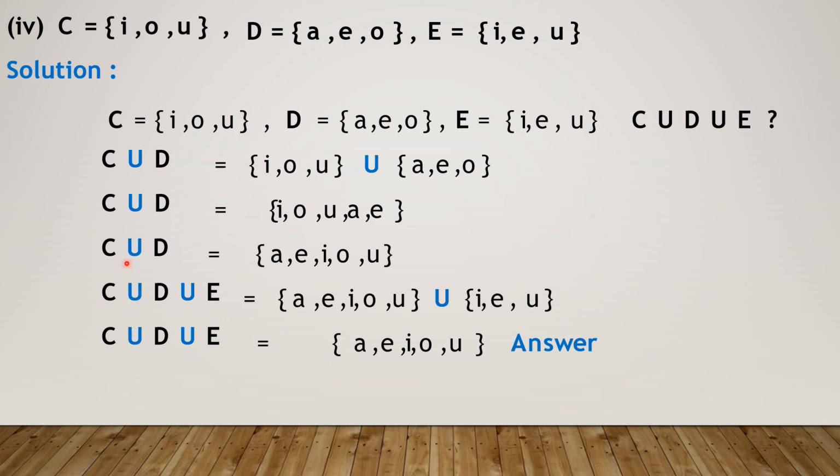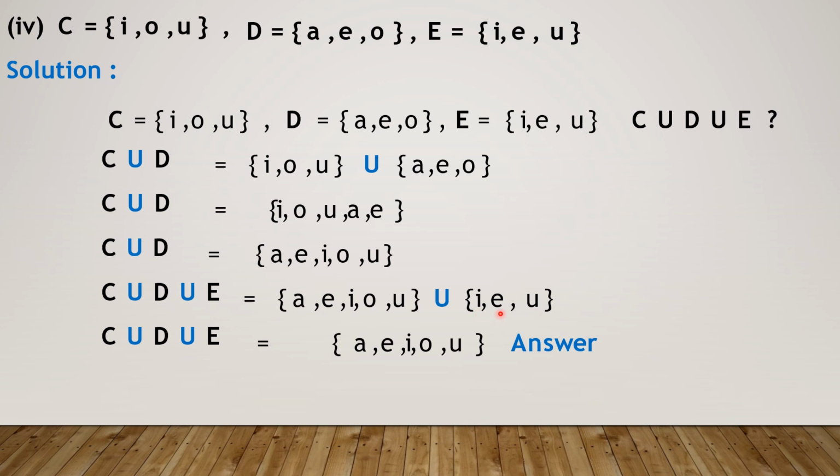So now what we have to do, we will find union of our answer with third set. So we will write here C union D union E, the third set, union E. So first we will write all the elements of C union D. Then put the sign of union and then we will write elements of set E. Now combine all the elements of both the sets. First of all, we will write all the elements of first set. Now write all the elements of second set.